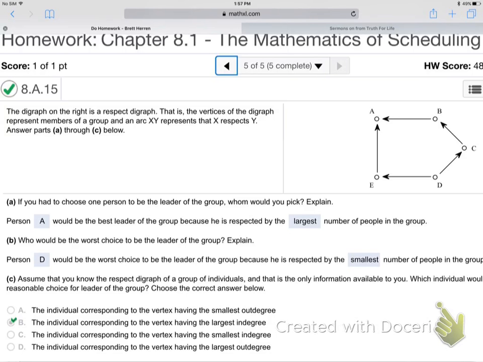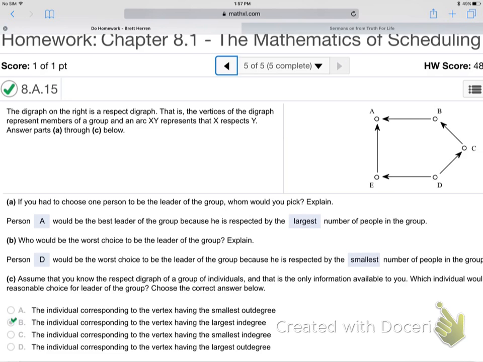Okay, so they've got a respect digraph. I guess this would be like a social construction thing, so maybe sociology or something uses this. So it's a respect digraph, and what it means is anytime you point at somebody, you respect them. If you read those words, that's what it's basically saying.